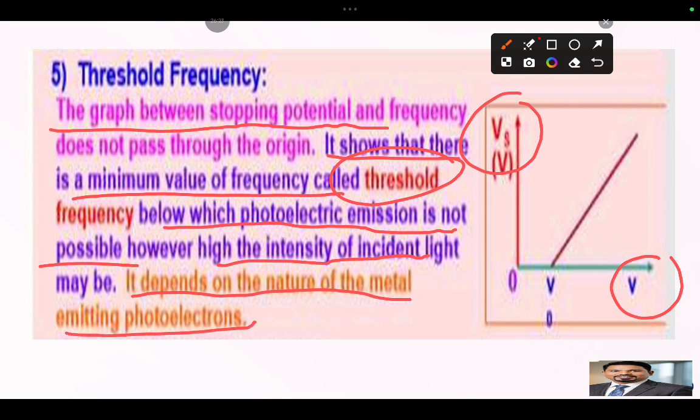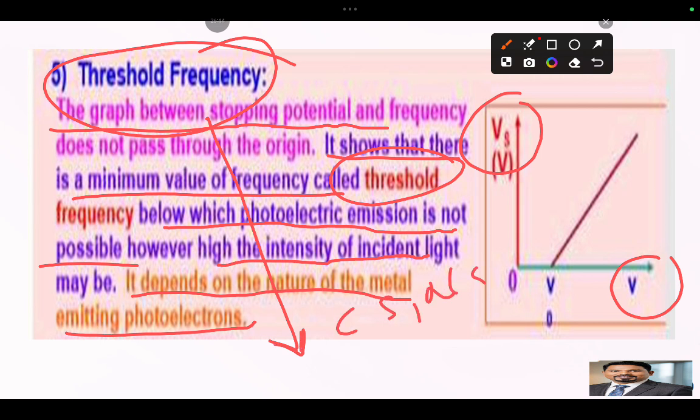To get electron emission, there should be some minimum frequency. The minimum frequency required to eject the electrons, that frequency we call the threshold frequency. The threshold frequency depends on the nature of the metal, for cesium, sodium, zinc, and so on, it changes with the metal.